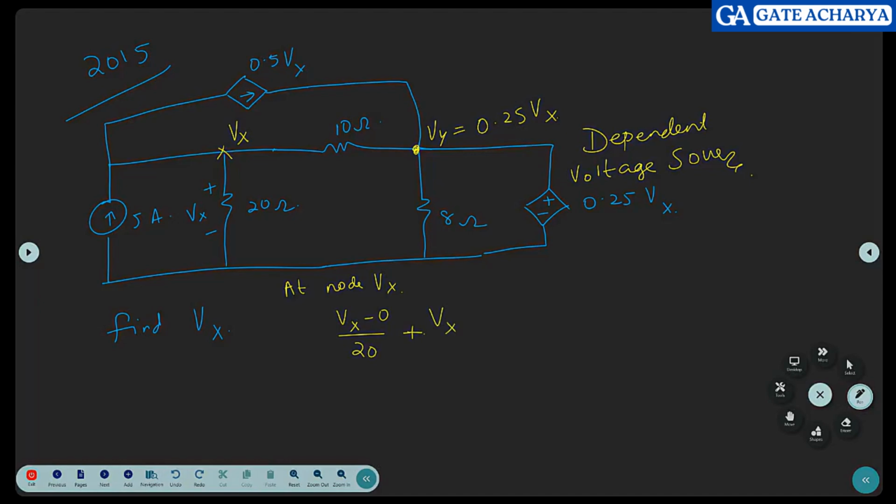Vx minus Vy is 25 Vx by 10 plus 5 amps. Minus, this is current going out, no? So minus 0.5 Vx equal to, this is current entering, that is current leaving. Now find out Vx from this. That's all, now you got the answer.